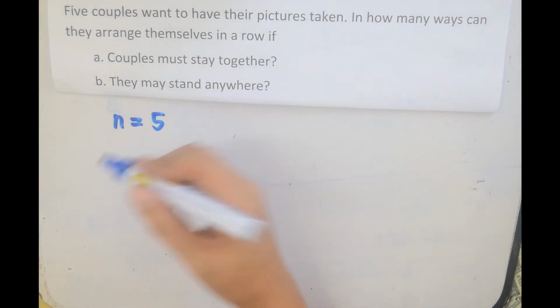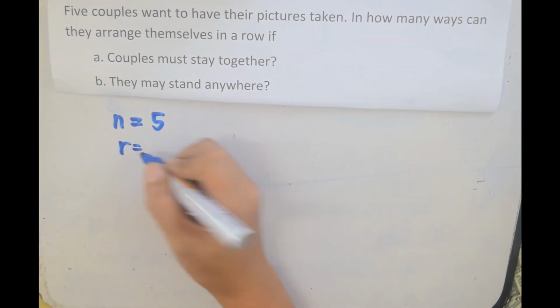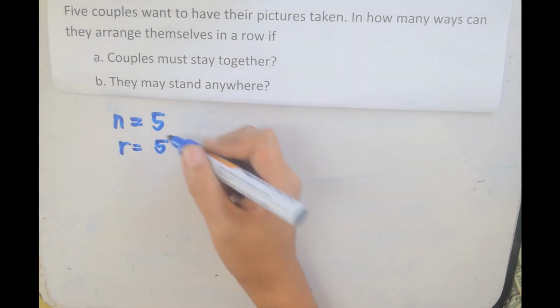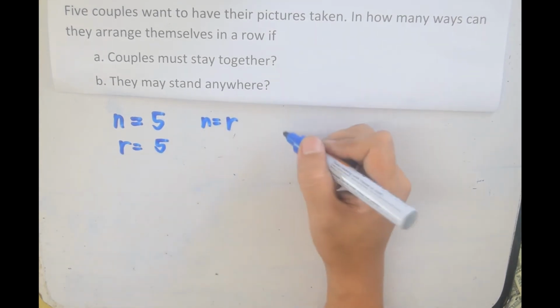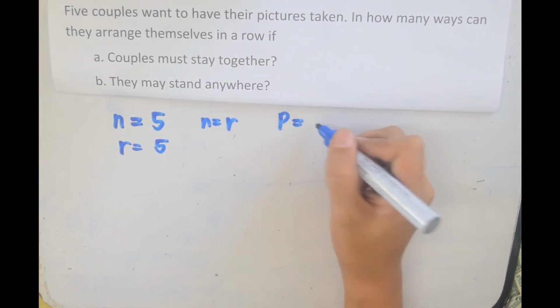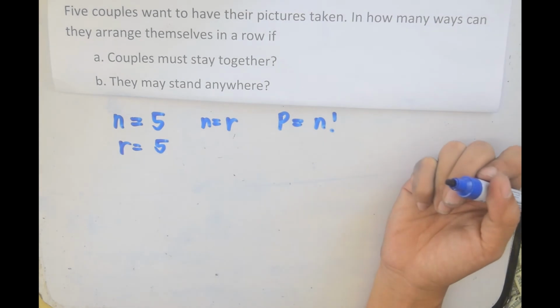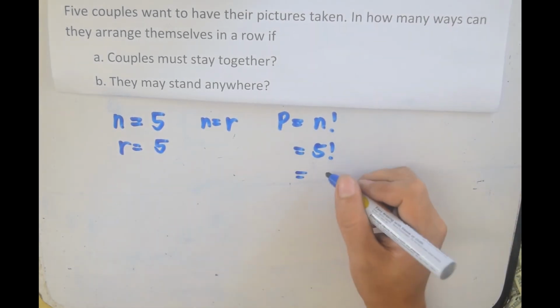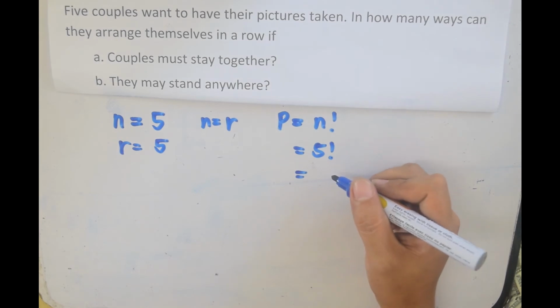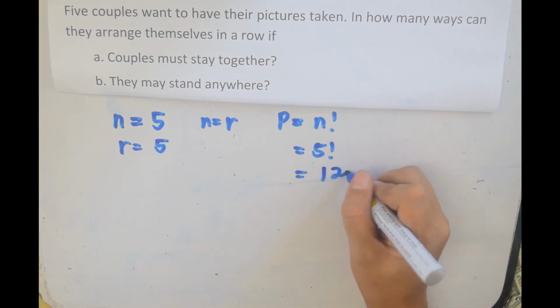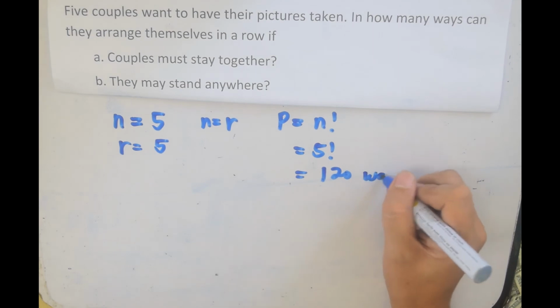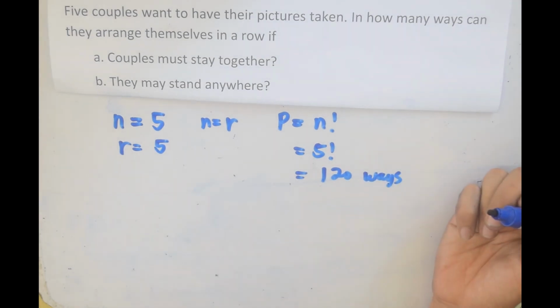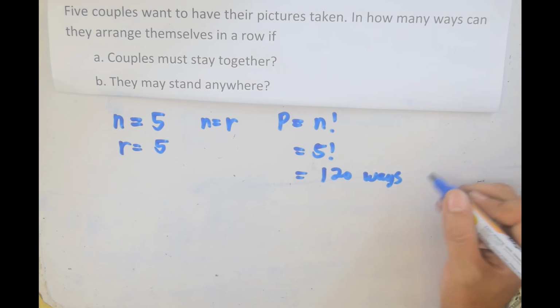You are going to arrange them all, so r is also equal to 5. Since n is equal to r, the permutation formula is n factorial. So 5 factorial is equal to 120 ways. However, it's not 120 ways since you are going to multiply this one by 2 factorial.